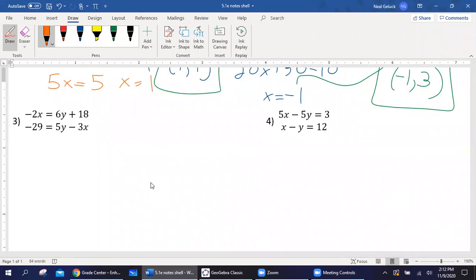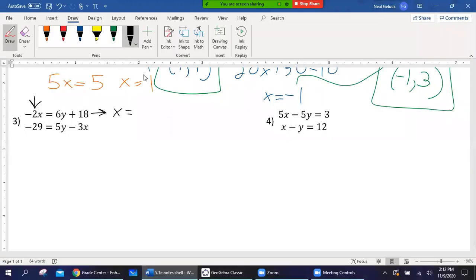For number 3, I think the easiest thing would be to take the first equation and get x by itself. Basically, that's going to mean dividing everything by that -2. So if I divide every piece by -2, I would have x equals, let's see, that's going to be -3y minus 9. Again, I just divided everything by a -2.